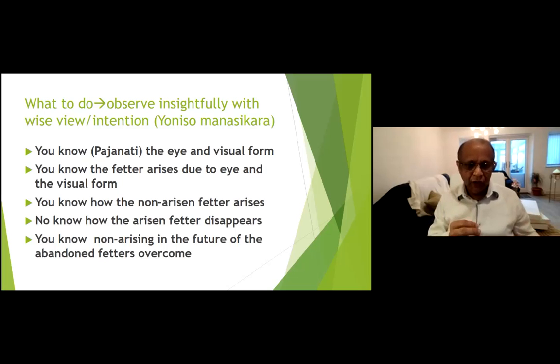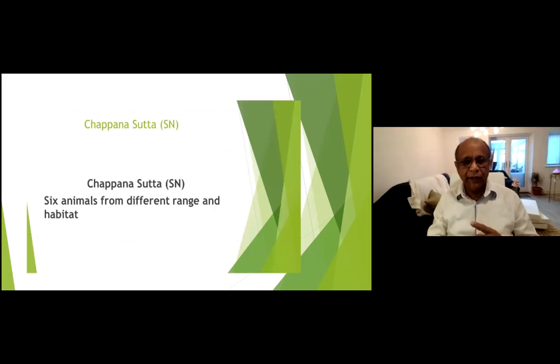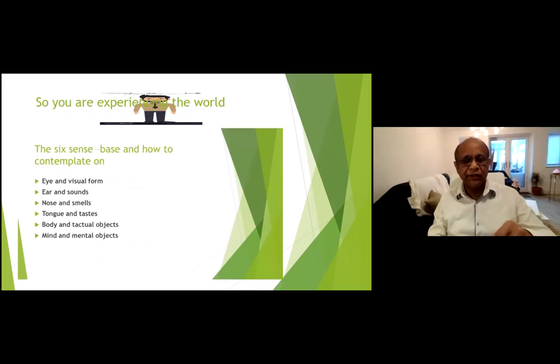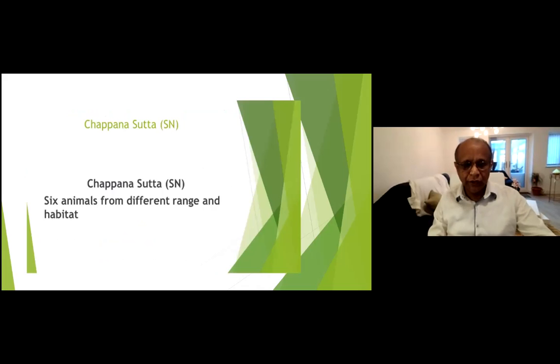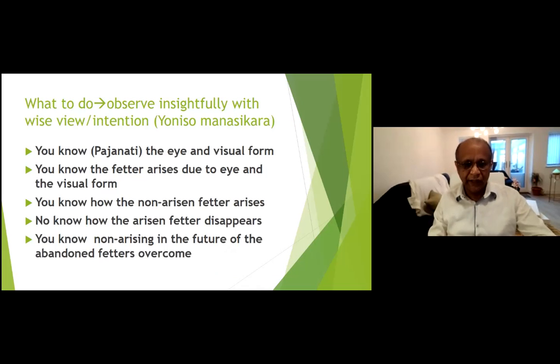And then how does the arisen fetter disappear? If you see this mental activity with yoniso manasikara, and you understand why it happened, not because of the presence of them, but because the eye, visual form and eye consciousness go together and give a fetter, then we need to understand how it disappears.